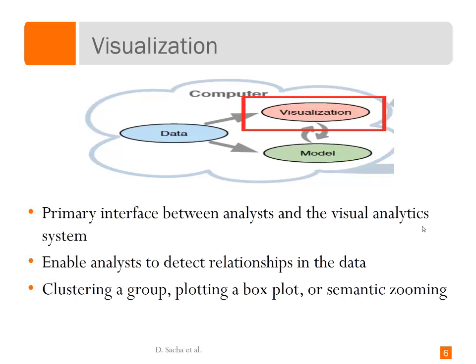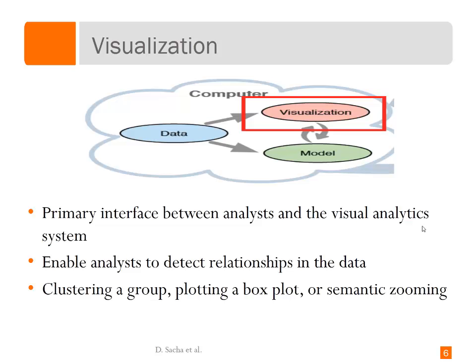Now, visualization in and of itself can provide that primary interface between the human analyst and the visual analytic system or the model. So whatever that system is that is working through the data, our visualization can basically be our human-computer interaction with that model. Visualization enables analysts to detect relationships in the data.